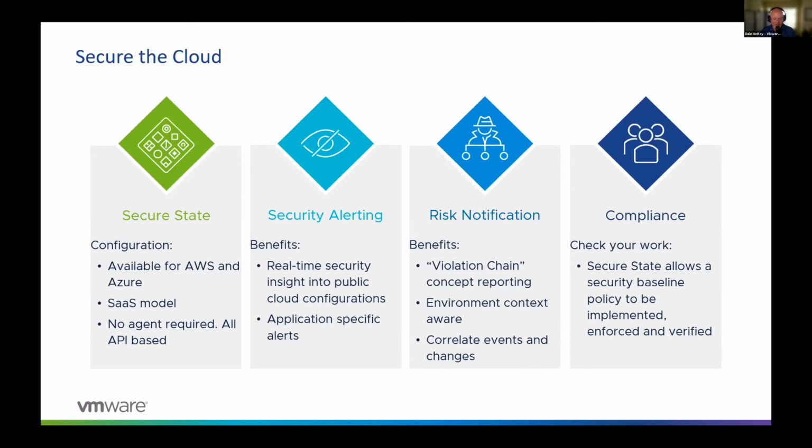And then lastly, we've talked about how I might secure my public cloud environments using Secure State. So that's really a four-prong overall architecture approach to security that provides a very well thought out security architecture that is flexible and can be dynamic.